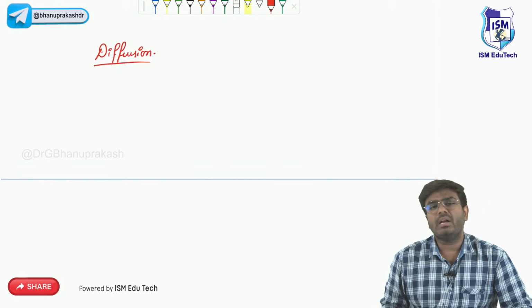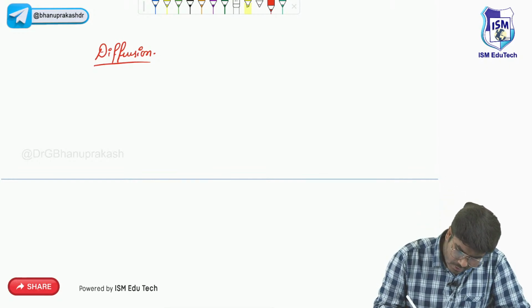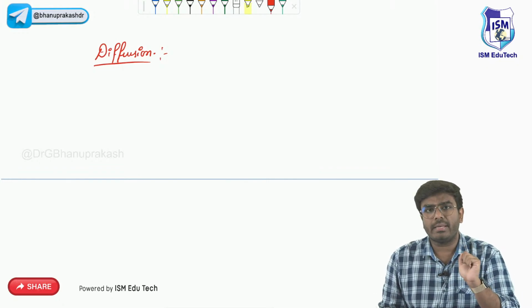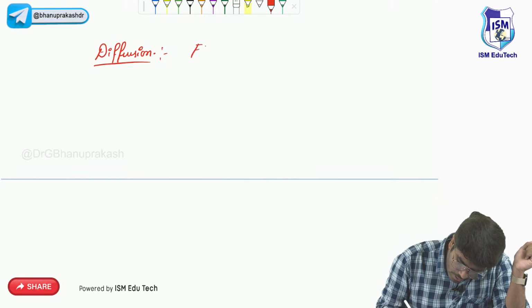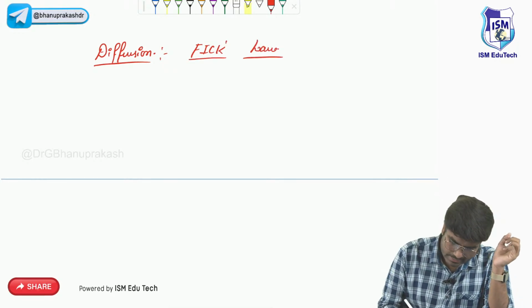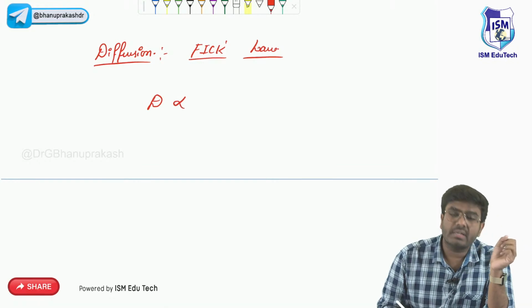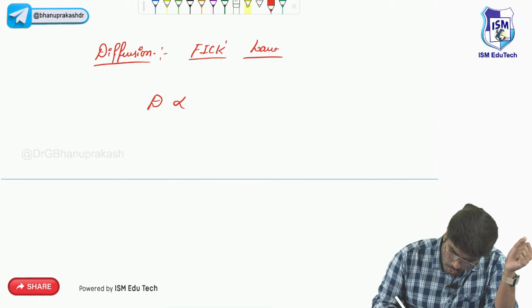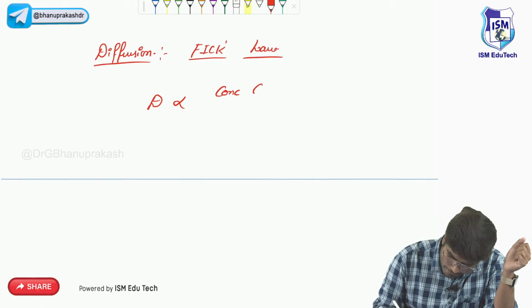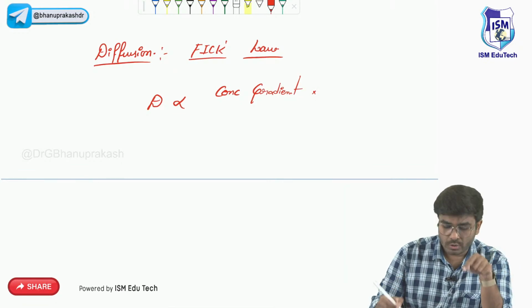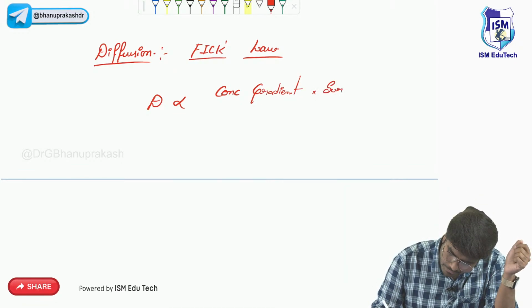diffusion of gases or diffusion of substances depends on certain factors, which are explained by a law called Fick's law. Okay, Fick's law. What Fick's law says is that the diffusion of any particular thing depends on the concentration gradient, it also depends on surface area.